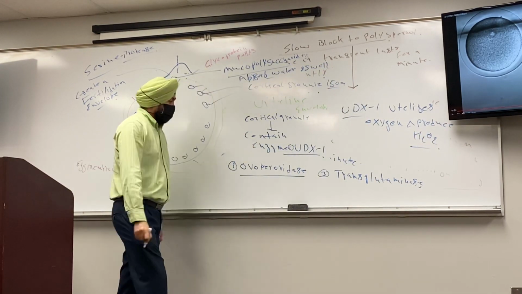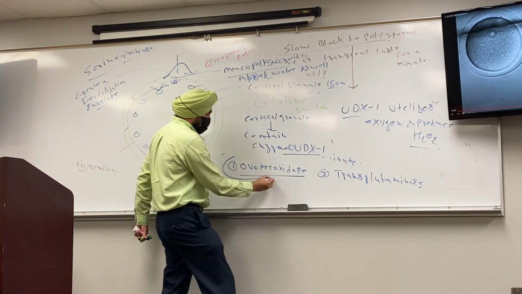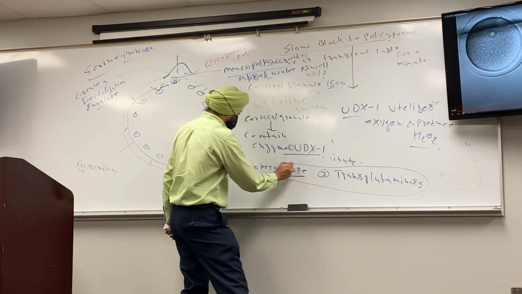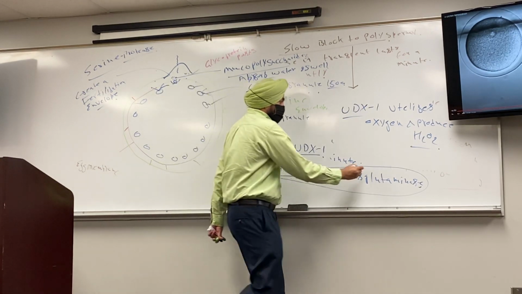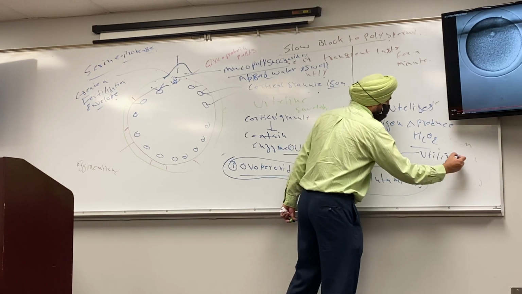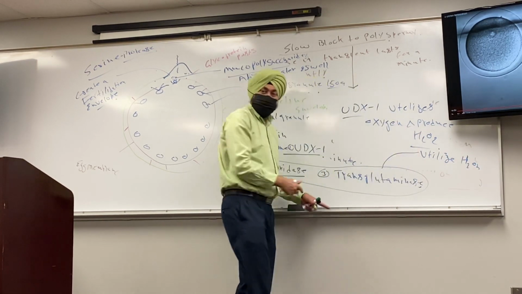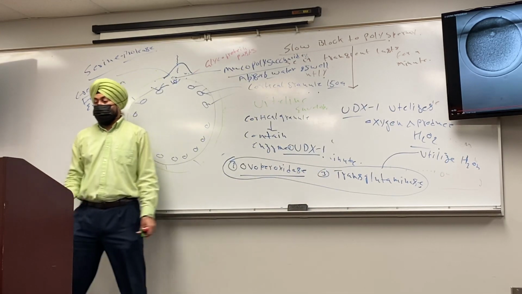Okay? So when that is produced, ovoperoxidase and transglutaminase utilize H2O2. So this H2O2 which is made by UDX1, right?